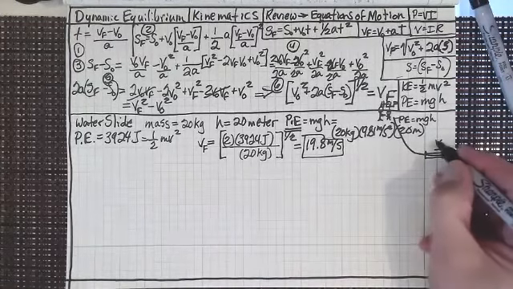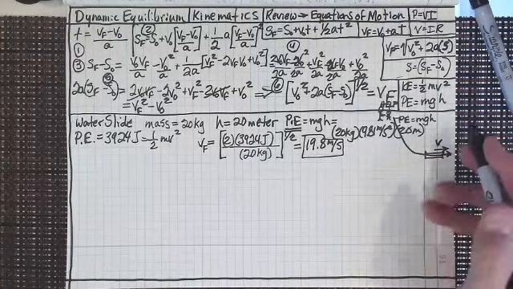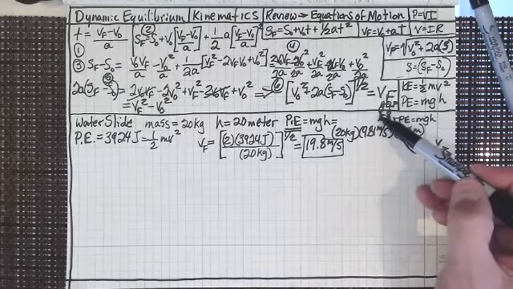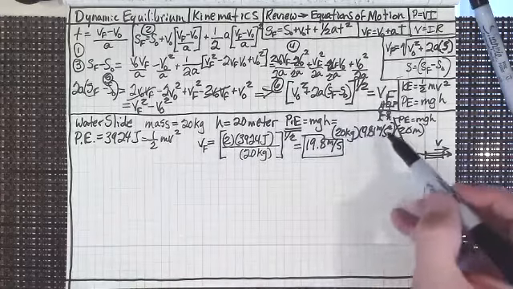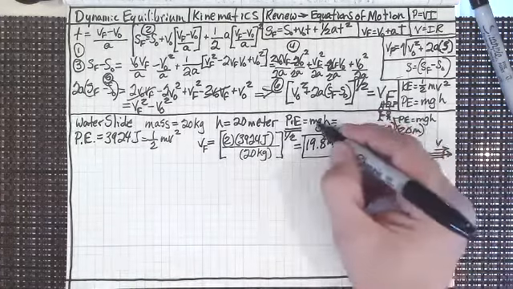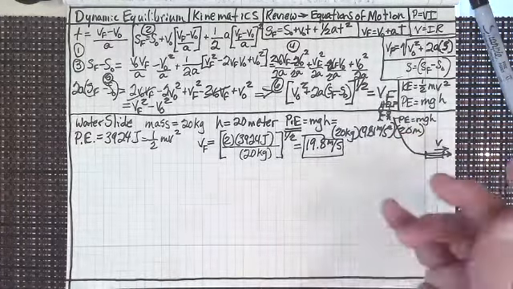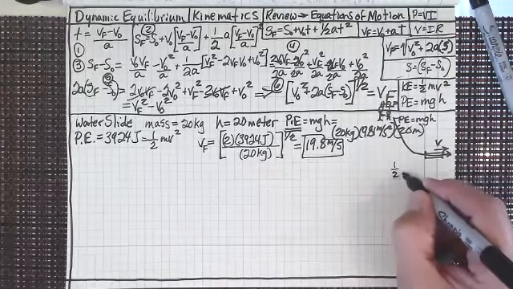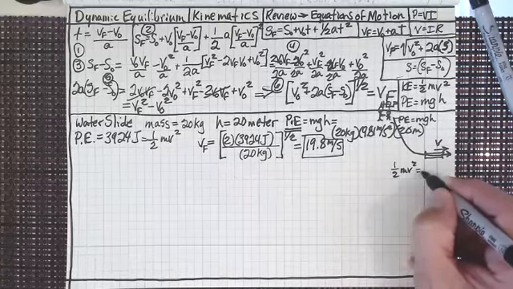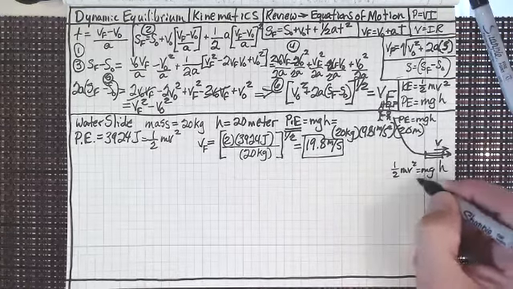It would be my final velocity too, right? Because it shouldn't make any difference what the mass is, because the mass was put in and the mass was taken out. If we have PE equals KE, I've got 1/2 mv squared equals mgh.